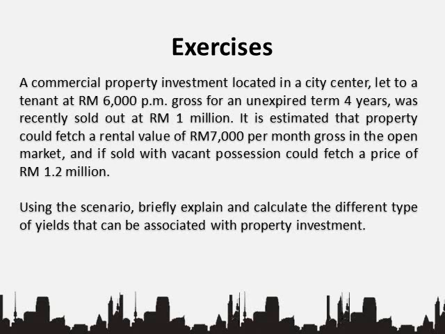If sold with vacant possession, it could fetch a price of 1.2 million. Using this scenario, calculate the different types of yields that can be associated with the property investment in this case. So try, and don't forget to submit to your lecturers to confirm whether your answer is correct or not.